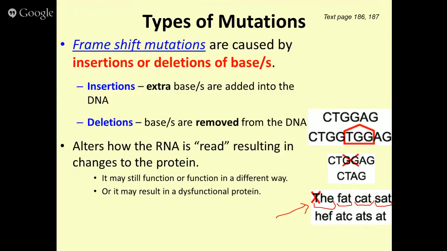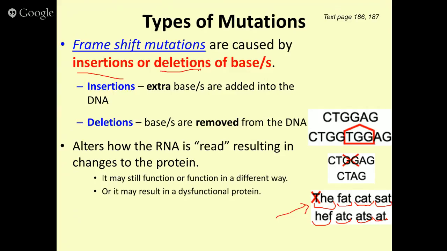But look at what happens if we take out one letter. So we remove that T there. So this would be deletion of a base in the DNA world. If you take out one letter, now does this make sense? Hef, atk, ats, at. No, so this now becomes nonsensical. So the same thing could happen with your DNA. You could insert an extra base or delete a base, and both of these are going to result in your codons being read wrongly.